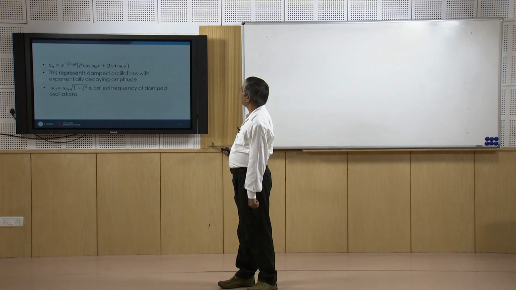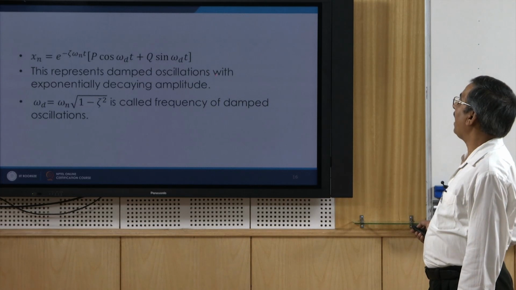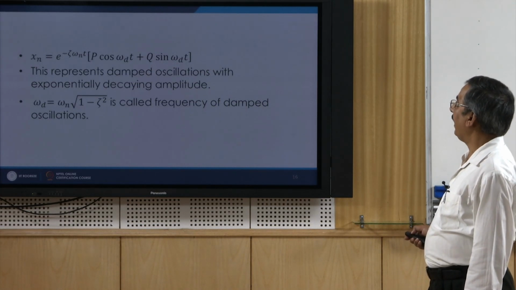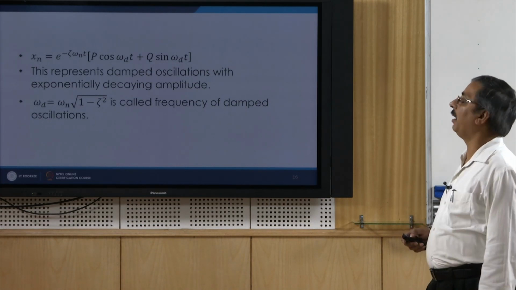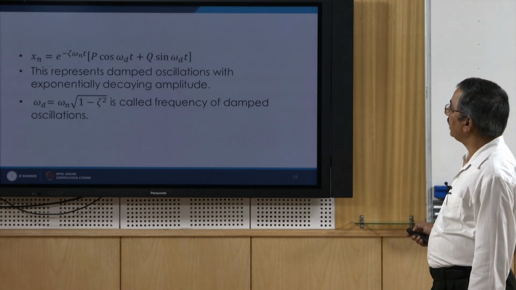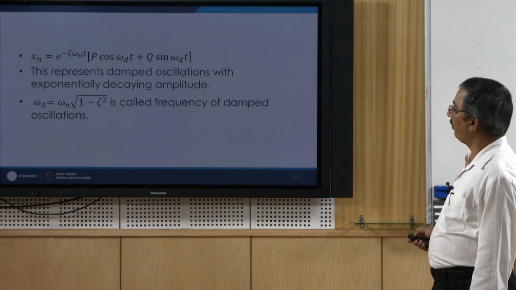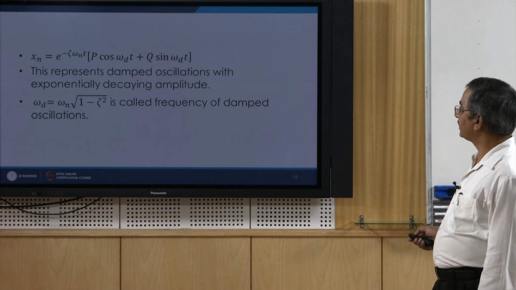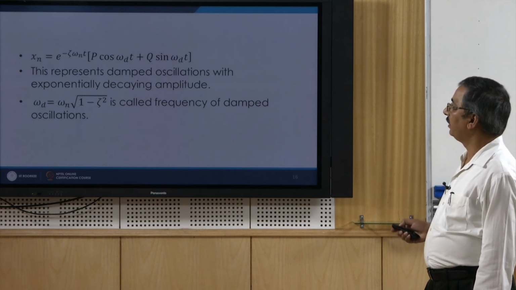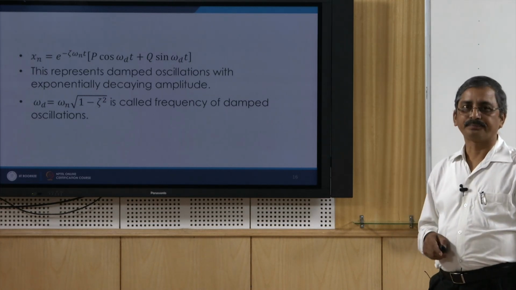So, this xn represents damped oscillation with exponentially decaying amplitude. You can see here the amplitude is exponentially decaying, and this term omega d, equal to omega n root 1 minus zeta square, is called the frequency of damped oscillations.